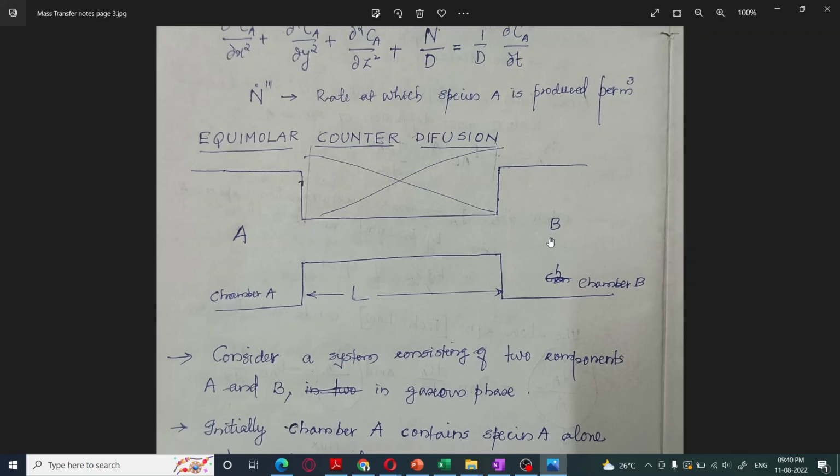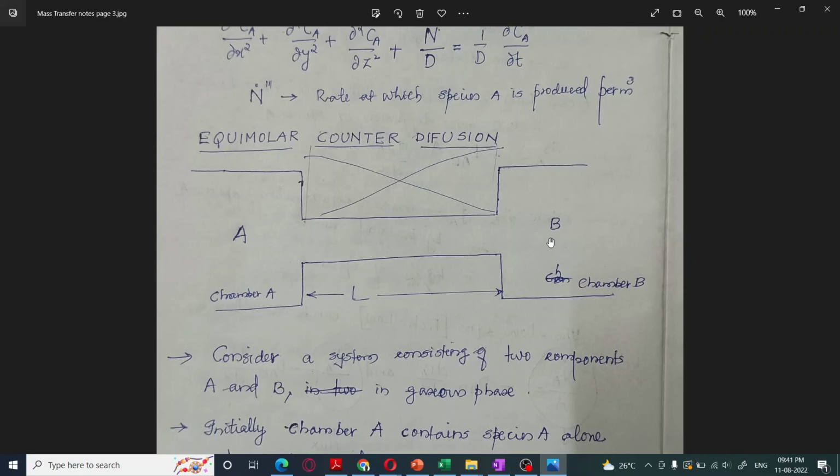In that way, while this mass transport takes place by diffusion, the pressure, the number of moles, the concentration, etc., will be the same. The total number of moles will be the same throughout, or the total pressure will be the same throughout.